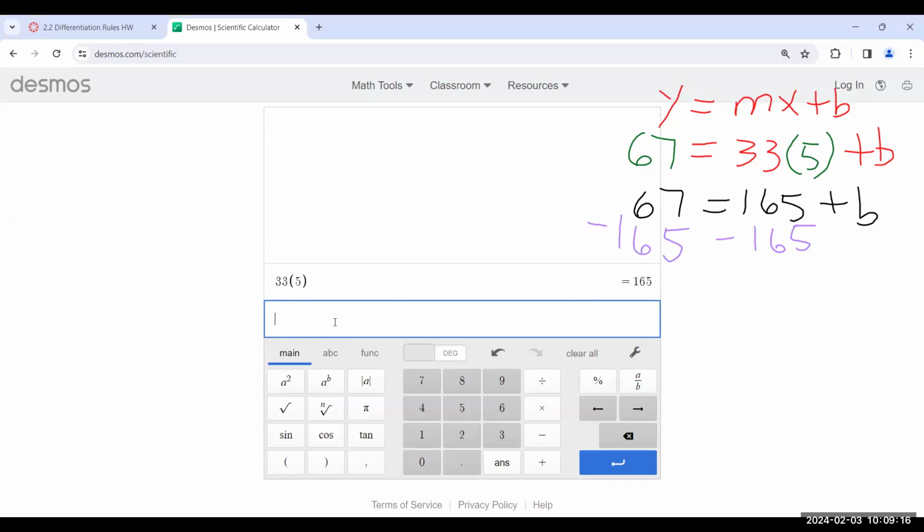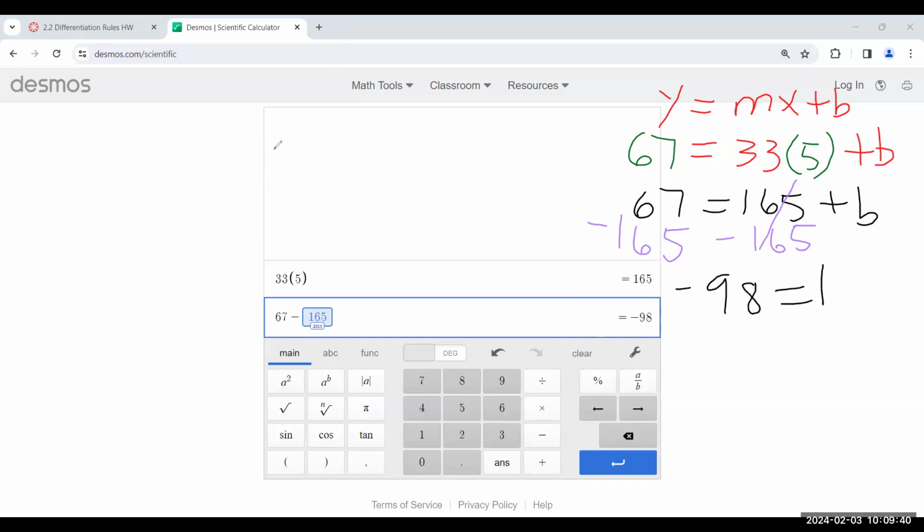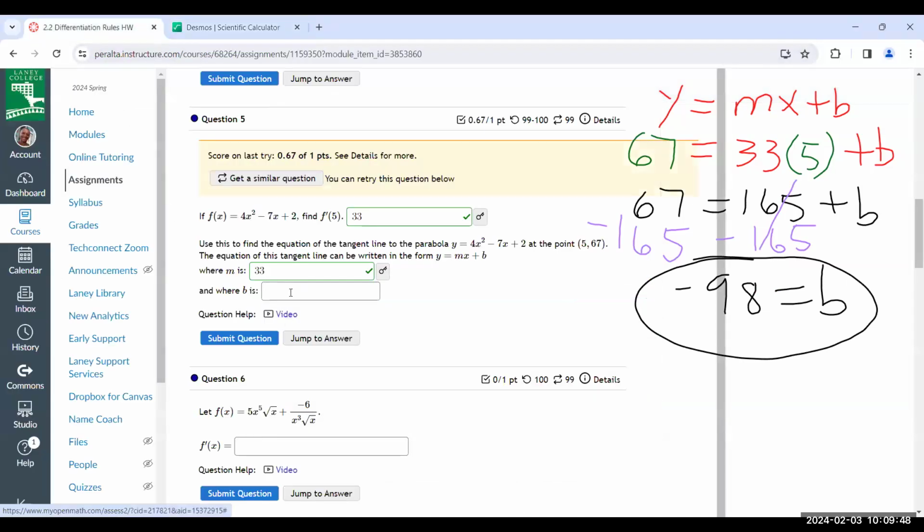So I'll say 67 minus 165, and I get negative 98. So these cancel, and I get negative 98 equals b. And this is my answer for the last part. Nice, huh? There we go.